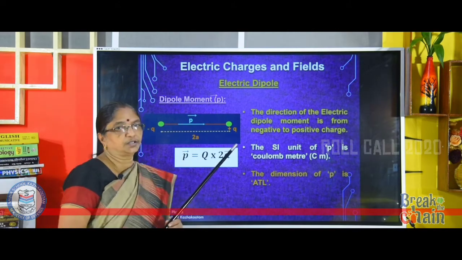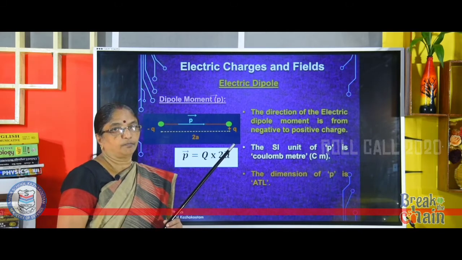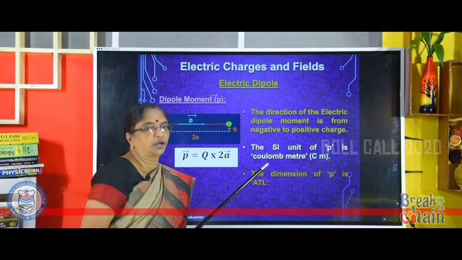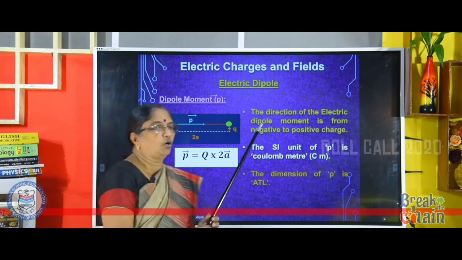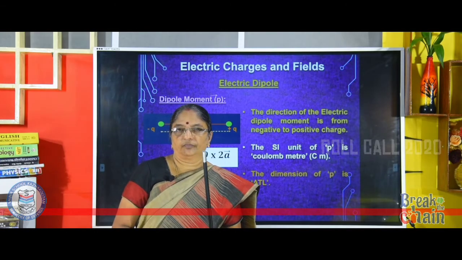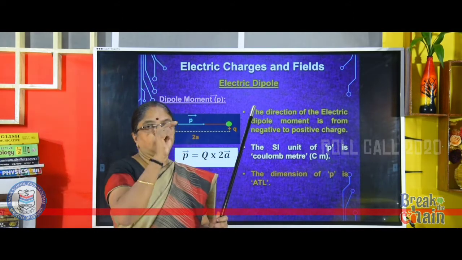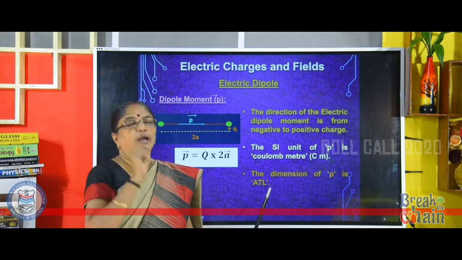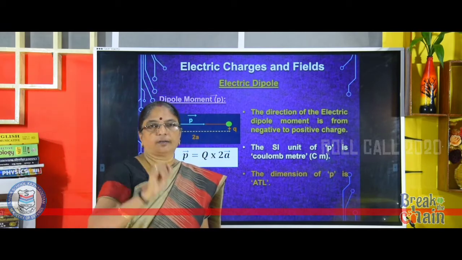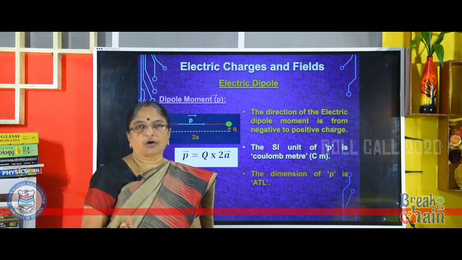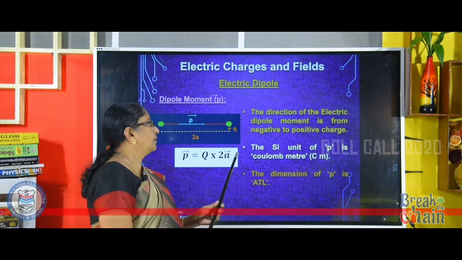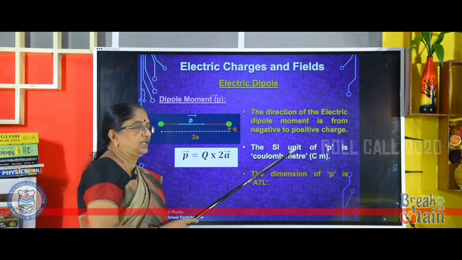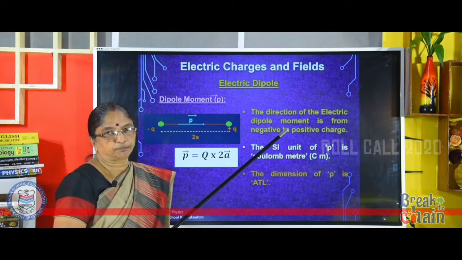The SI unit of charge is coulomb and distance is meter. So, the SI unit of dipole moment is coulomb meter. How to write that? Capital letter C, with a small gap, and small letter m. But if you write small letter c, small letter m, it is only centimeter, and that is wrong. So, the SI unit of dipole moment is coulomb meter, represented by capital C, small letter m.